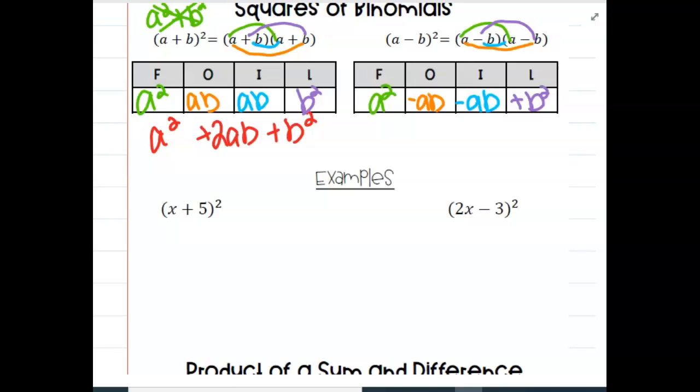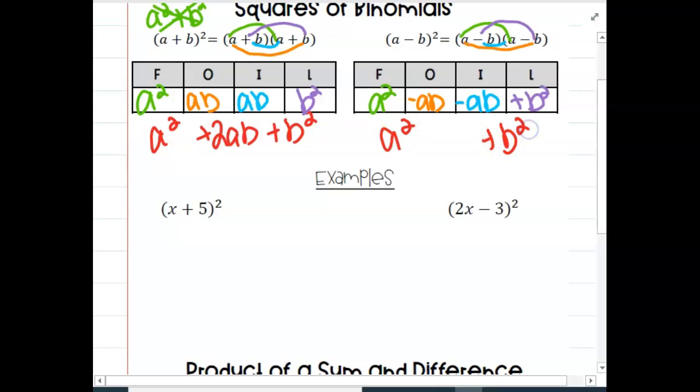So to find the O, you're just going to take A times negative B. You're just going to multiply those two together. And then think about what the I is. The I is the second term in the first set of parentheses, which is negative b, and then the first term in the second set of parentheses, which is just a. So to find the O, you would take a times negative b. To find the I, you're going to take negative b times a, which is going to give you the same thing every single time.